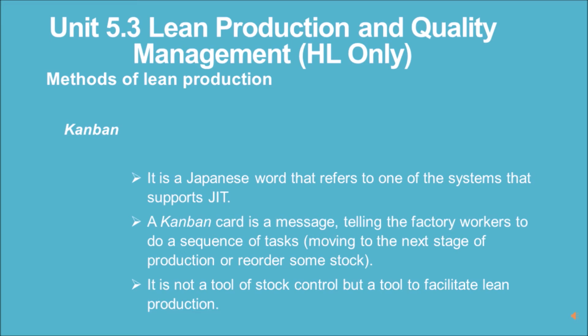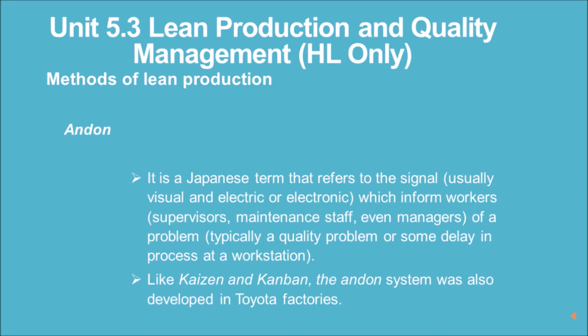A Kanban card is a message telling the factory workers to do a sequence of tasks, moving to the next stage of production or reordering some stock. It is not a tool of stock control but a tool to facilitate lean production. Andon.